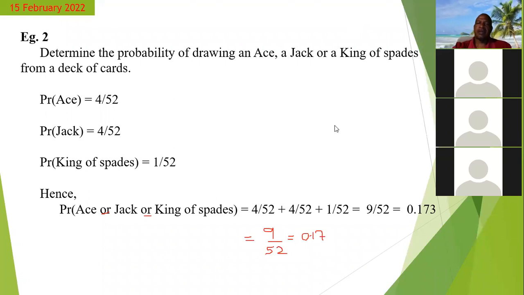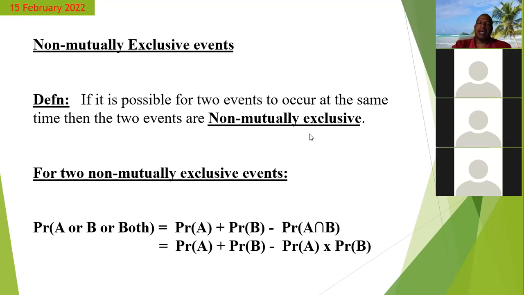All right, so moving on. We are now looking at what we call non-mutually exclusive events. Mutually exclusive events mean that you cannot have the two probabilities in a single event.